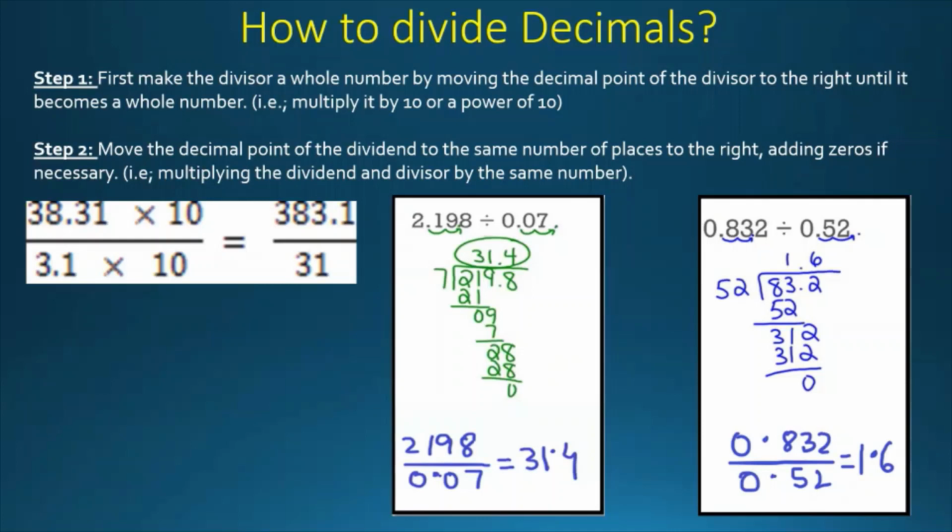If we do that, the number becomes shorter and easier to write and to say. So when we divide 83.2 by 52, we get 1.6. So 0.832 divided by 0.52 is equal to 1.6.